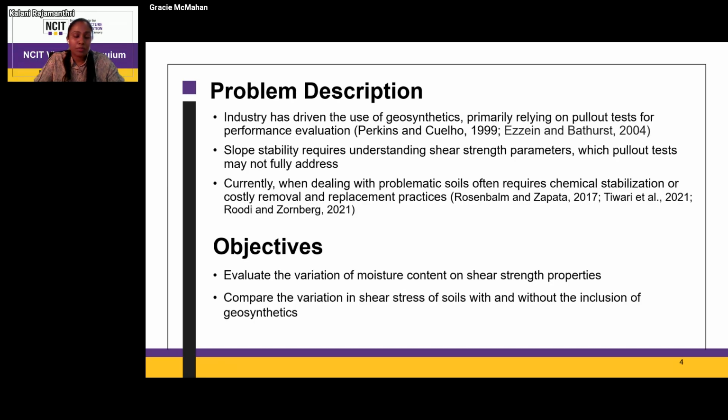Problematic soil often requires expensive solutions like chemical stabilization or costly removal or replacement practices. So there's a need for a more effective approach to improve soil stability. My study aims to understand how moisture content varies with the shear strength properties and how it varies with and without geosynthetics. Next slide, please.